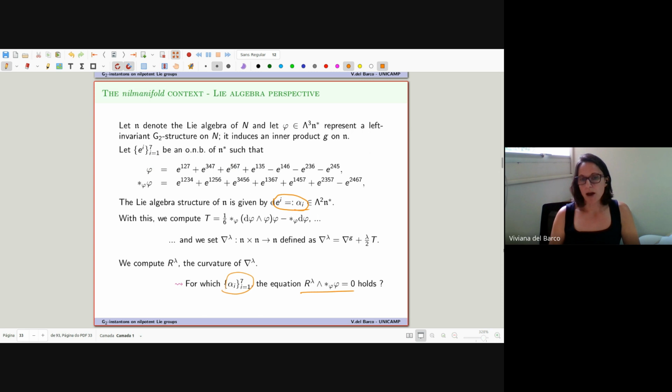Your unknowns are 7 2-forms on a 7-dimensional Lie algebra, and you have to compute the torsion and the curvature. So in general, it's not doable.